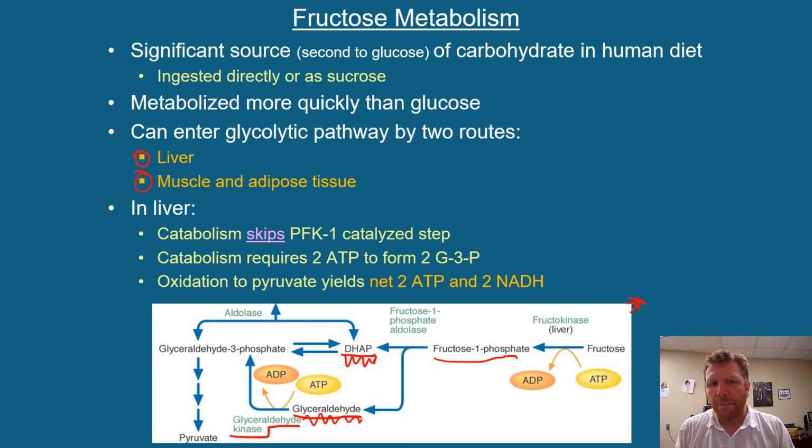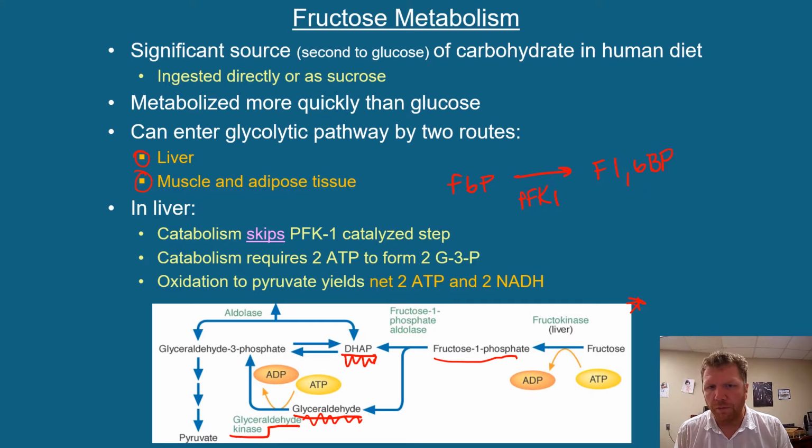So by skipping PFK1, because if you remember, PFK1 was our glycolysis enzyme that made fructose 1,6-bisphosphate from fructose 6-phosphate, well, it skips that step. And so our fructose is phosphorylated at carbon number 1.